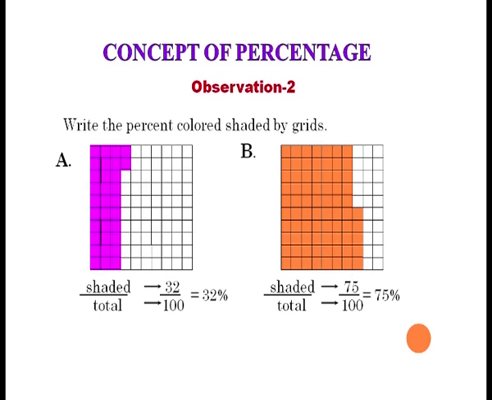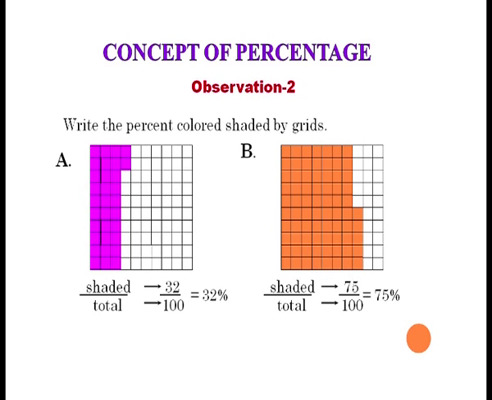In the first figure there are 100 grids, out of which 32 grids are shaded pink. To find the percent shaded pink, we take the shaded portion upon the total, which is 32 upon 100, equal to 32%.